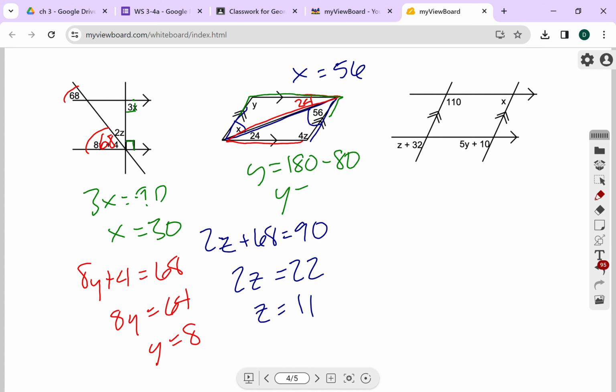So y must be 100. So then for z, same situation. It's still supplementary to that same angle. So y and 4z should be the same size, same value, but 4z is equal to 100. That makes z 25.